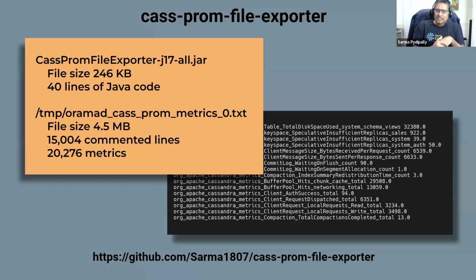The last line there is the total number of compactions completed. You can see that it is 13 compactions only. This is just a screenshot to show you a sample of how the metrics look in the file generated by the Java agent we created.